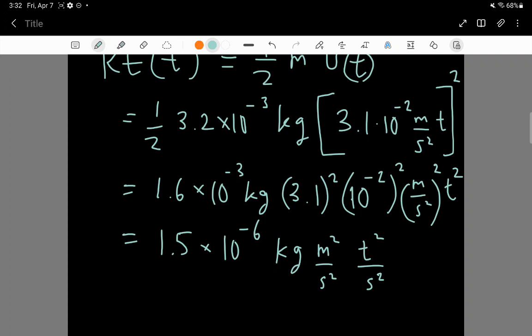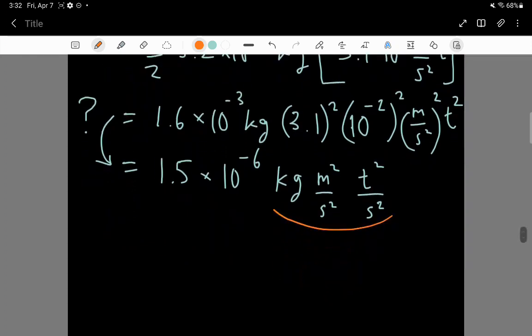You should make sure that you can do this transition, right? Especially, in particular, the units. So if you look at this thing that sits in front right here, that's actually joules, right?